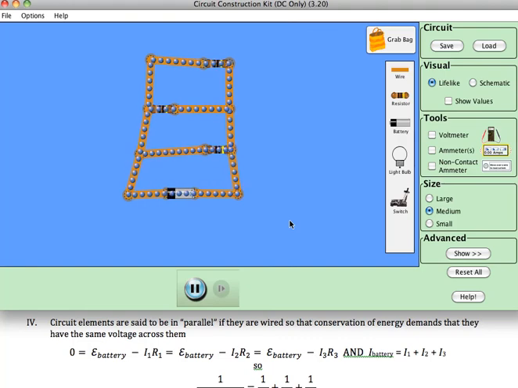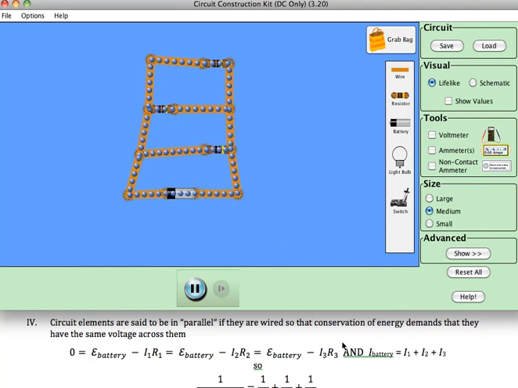But I know something about the currents, I1, I2, and I3. Conservation of matter just tells me the rate of electrons coming into this point is the sum of the 3 rates. In other words, I battery equals I1 plus the sum of I2, I3, because the rate of electrons that come out here is equal to I2 plus I3.